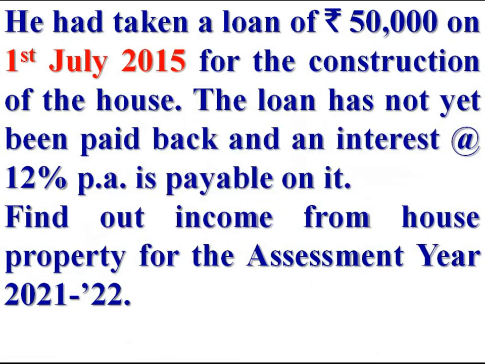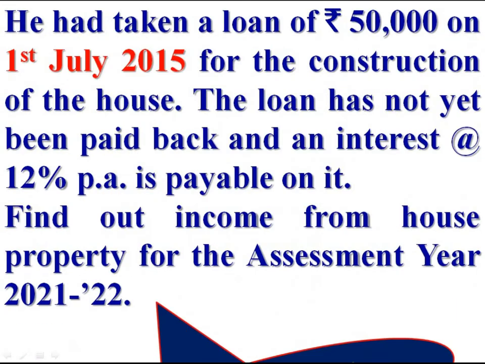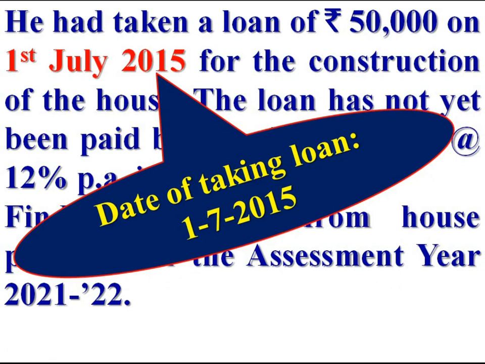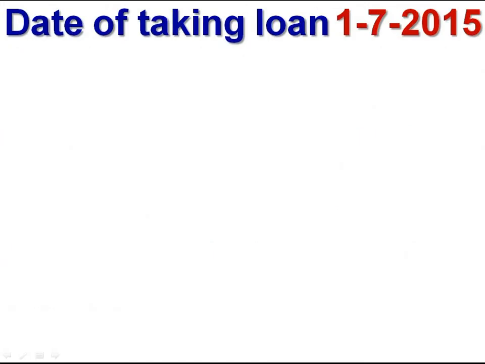Then we can say there is interest on loan prior to the construction completed. It means there is interest prior to construction. The amount of loan is Rs 50,000 and rate of interest 12% per annum. Note the date.